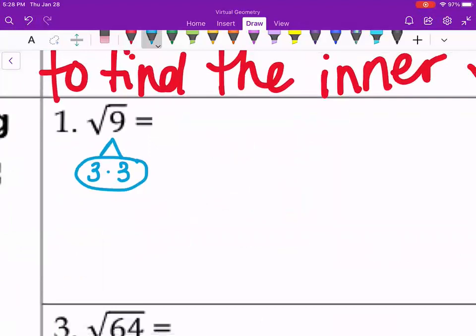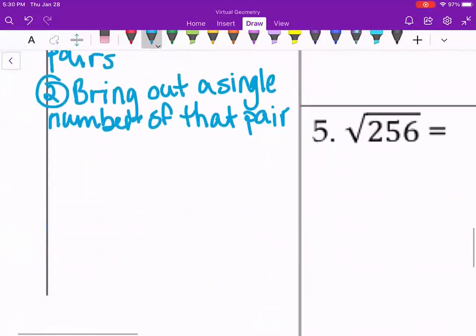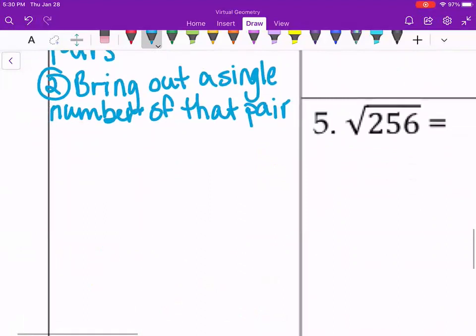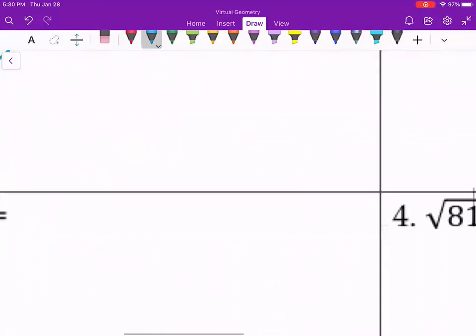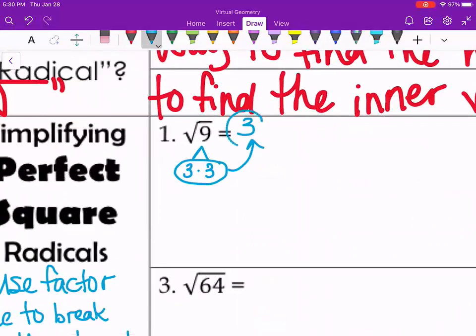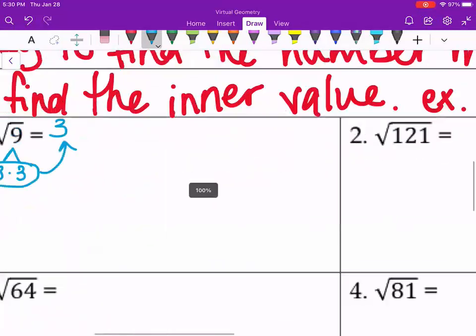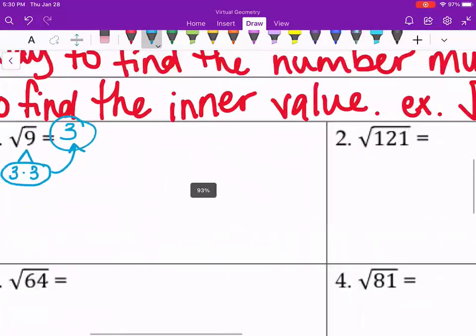So because I have a pair of 3s, I can bring just a 3 outside to the equal sign. And that's what we're looking for, just pairs. So the square root of 9 would be 3. That is my final, because there's nothing else to break down below those 3s.